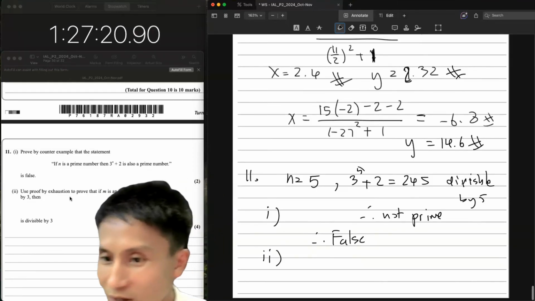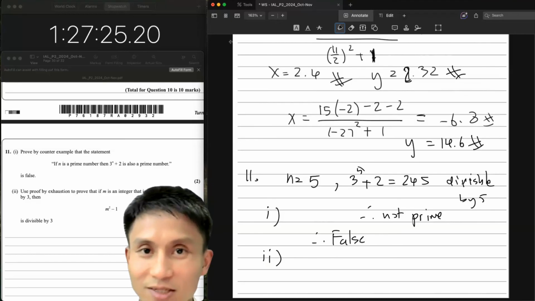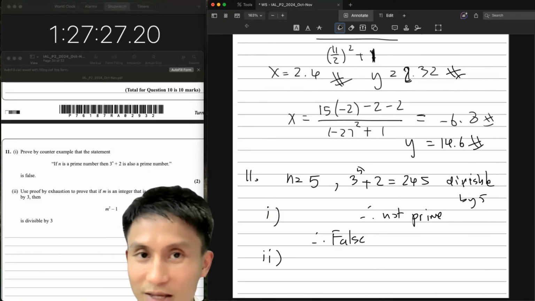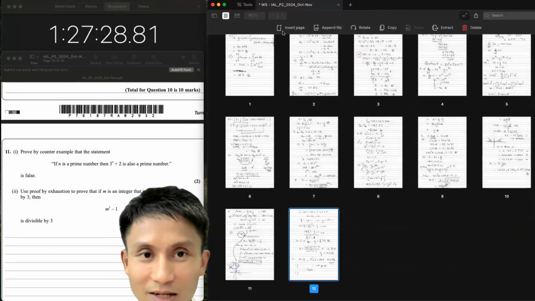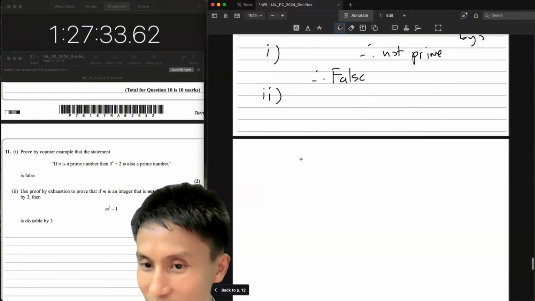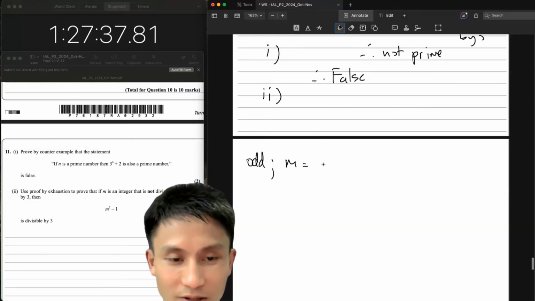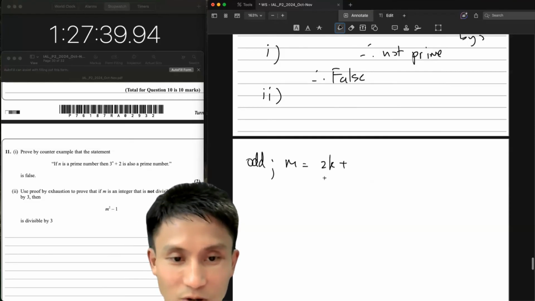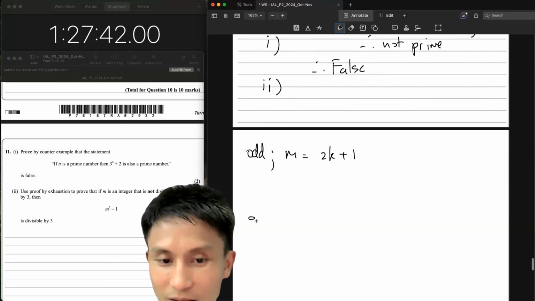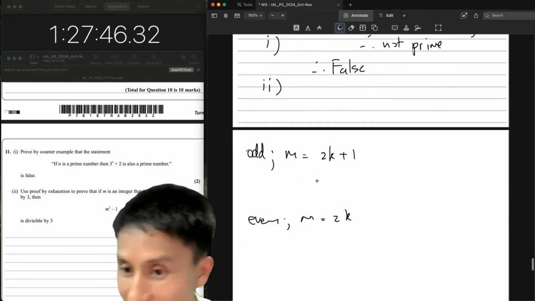I'm out of time. Use proof by exhaustion to prove that if m is an integer not divisible by 3, then m squared minus 1 is divisible by 3. I need a page. Okay, for odd and for even, so 2k plus 1 and then even, m equals 2k.